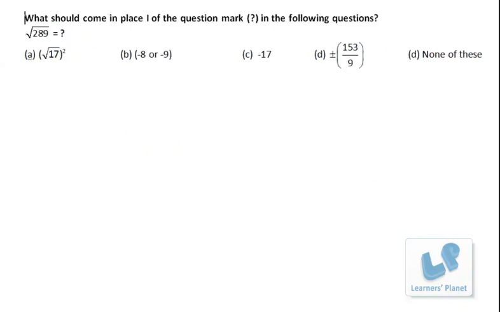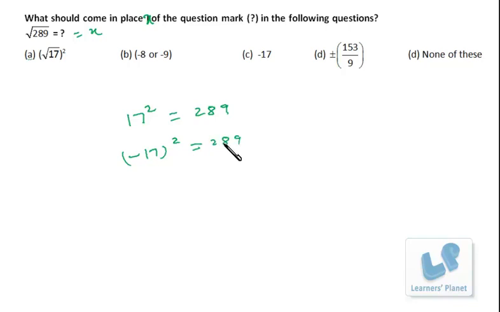Now we have one more question on basic arithmetic. What should come in the place of the question mark? Let's suppose it is x. So x is root 289. 289 is actually 17 squared. Apart from that, minus 17 squared is also 289.